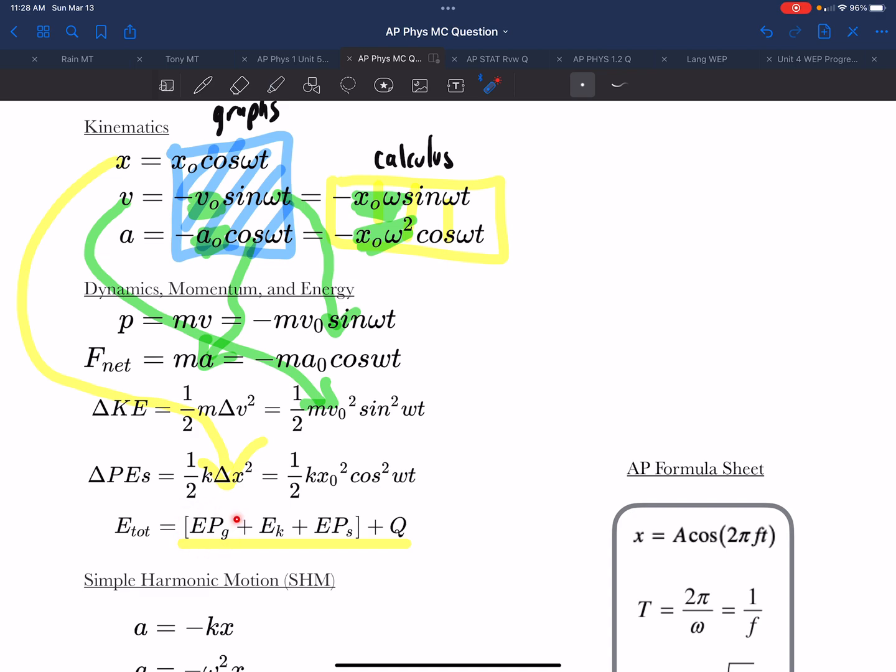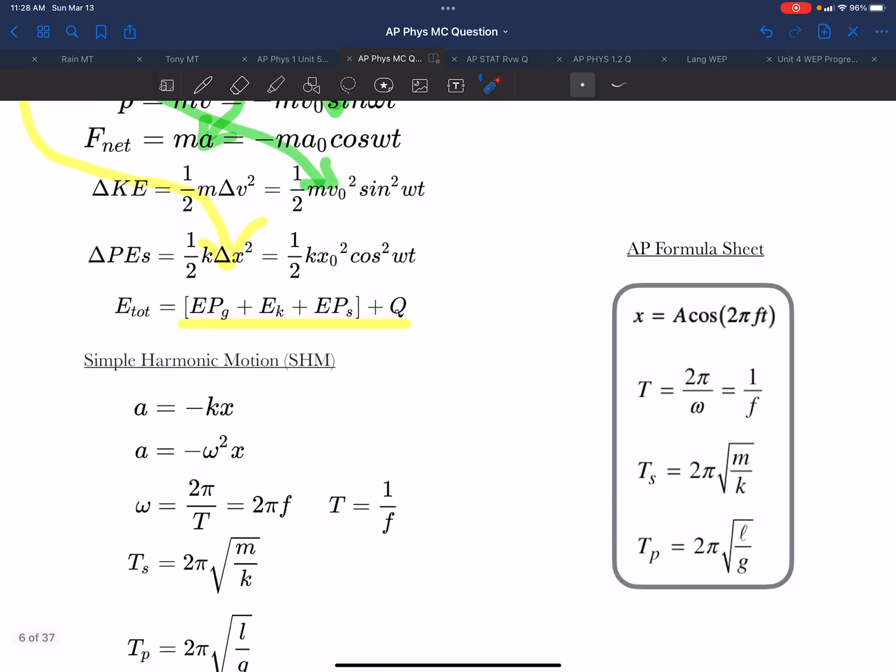And so we can define the system based on the different types of energies involved. Some may be lost to thermal energy. There could be gravitational potential energy or kinetic energy and elastic potential energy of the spring, or any combination of two or three of them depending on the situation, but the total remains constant.